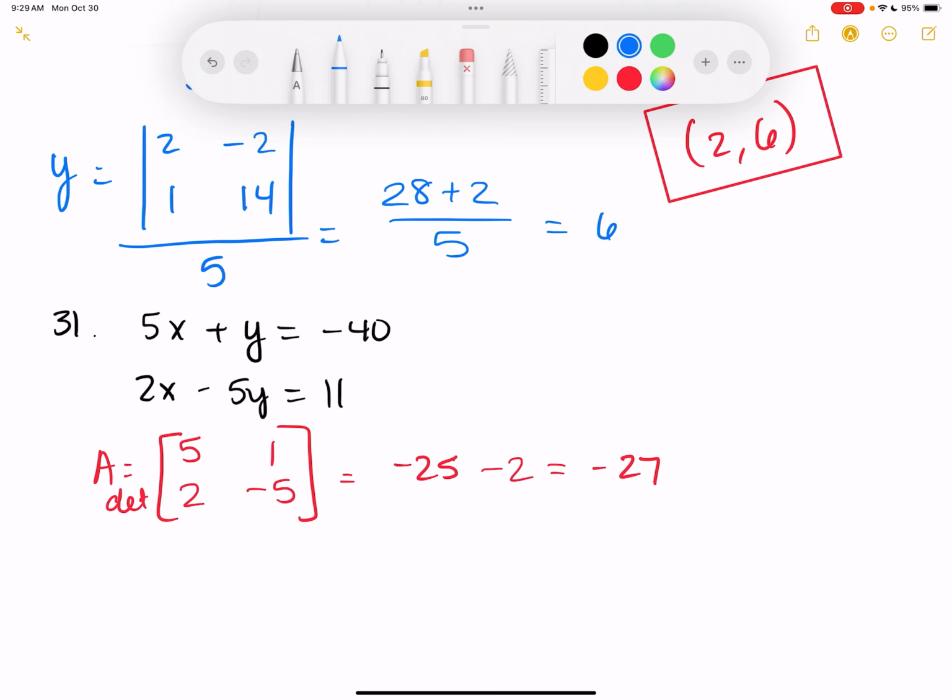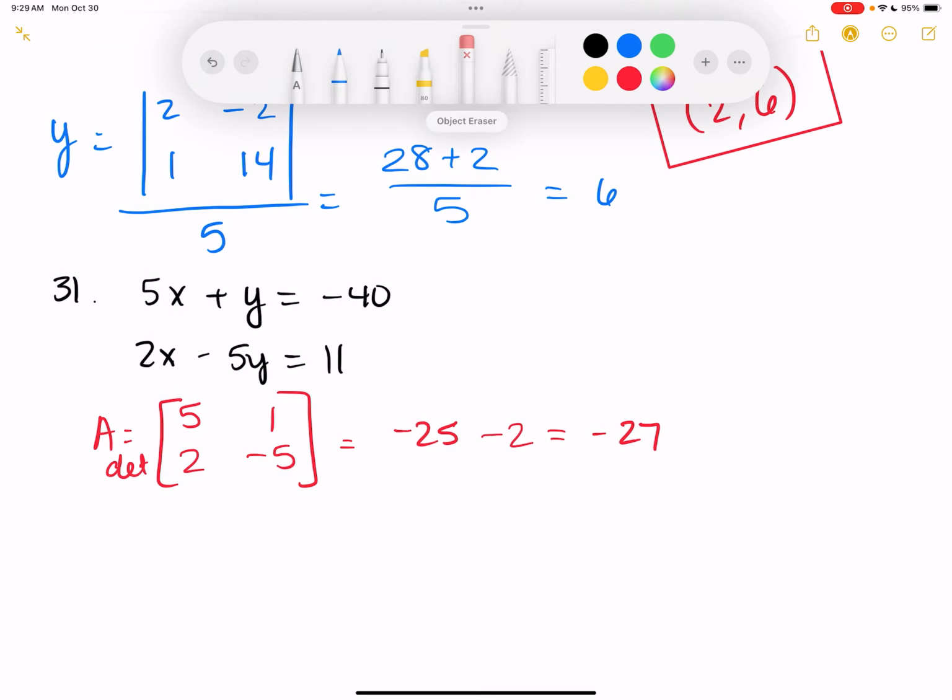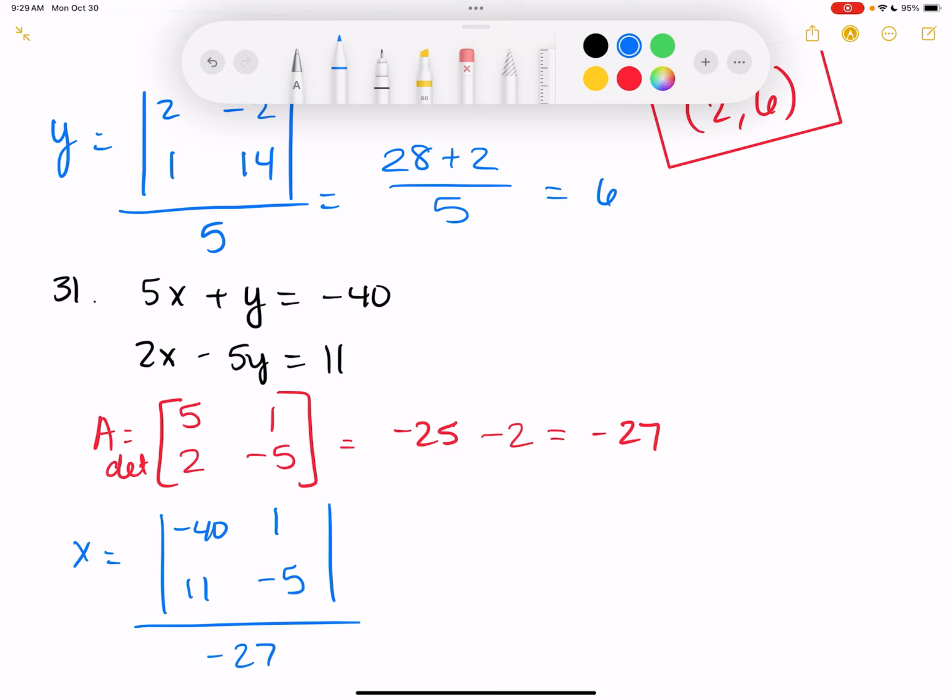So then for x, how do I set it up? Or what goes in here? It's 11, and then -5. Yep. So these numbers go in for whatever variable we're solving for.